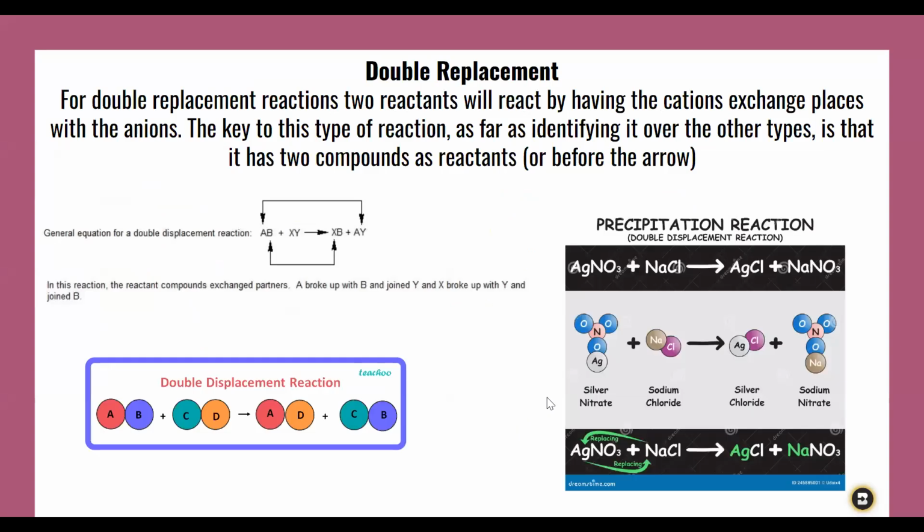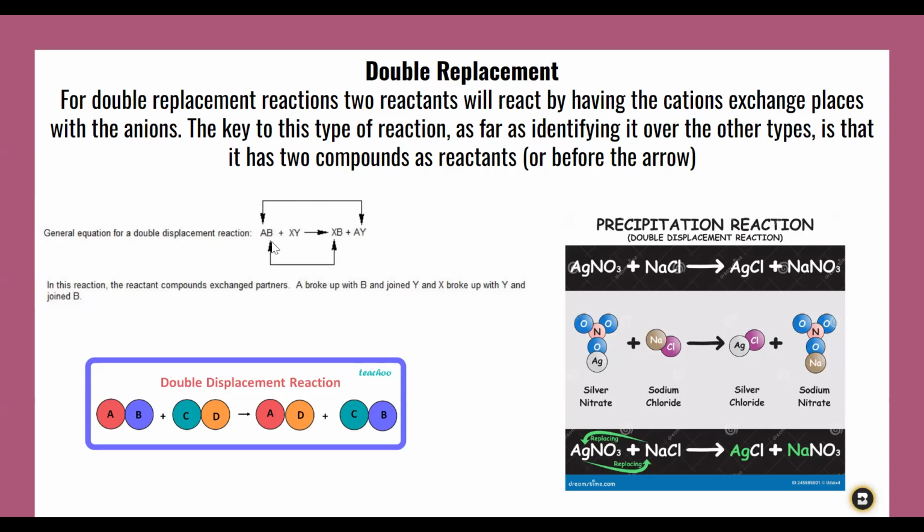Then double replacement. For double replacement reactions, 2 reactants will react, which are compounds, and will exchange places, trade places, like you saw in that video. Look at this. Okay, we have AB and XY. These will be 2 compounds, sometimes ionic compounds.